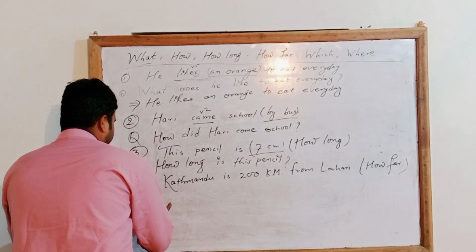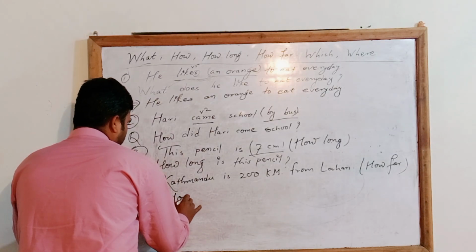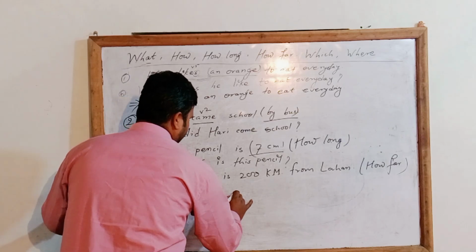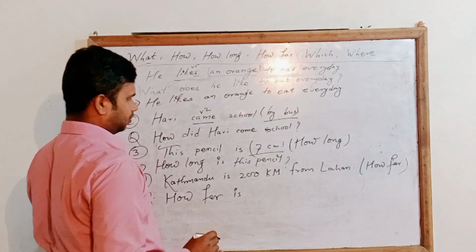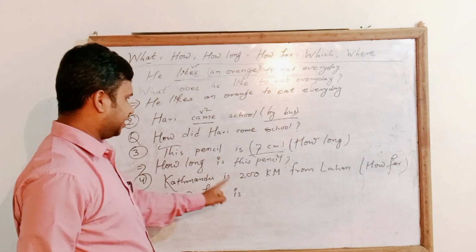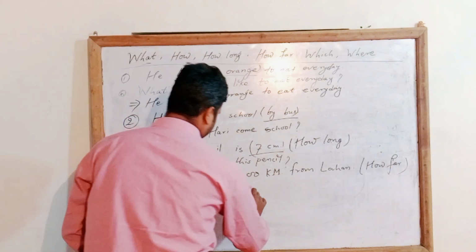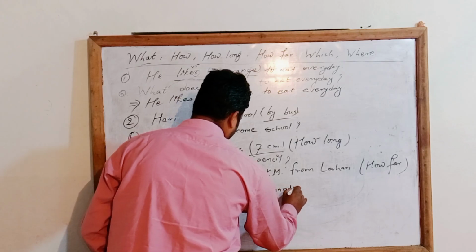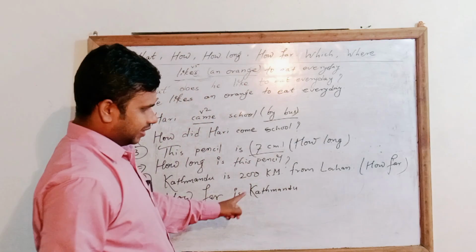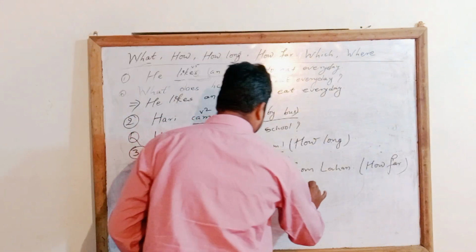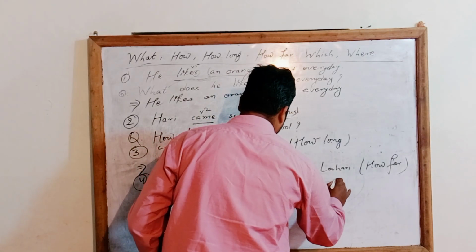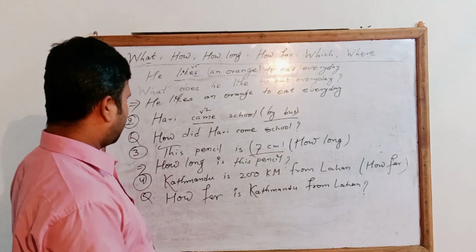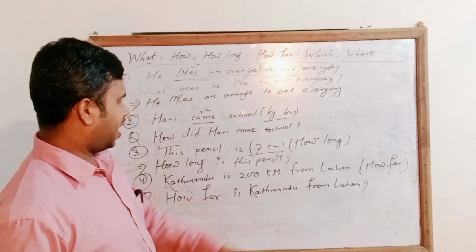How far, after that is other verbs. How far is, Kathmandu subject. How far is Kathmandu from Lahan? Sign of interrogation at last, question mark. How far is Kathmandu from Lahan?